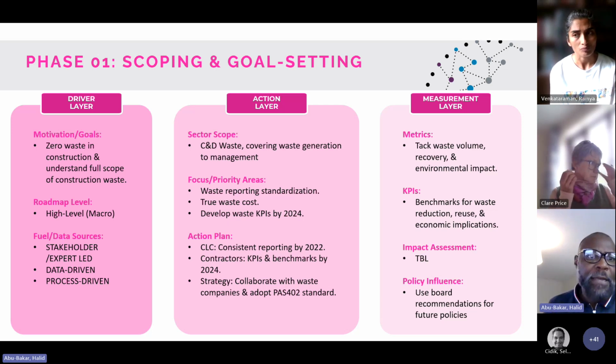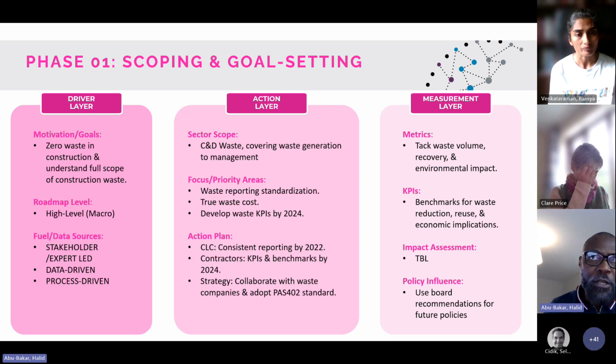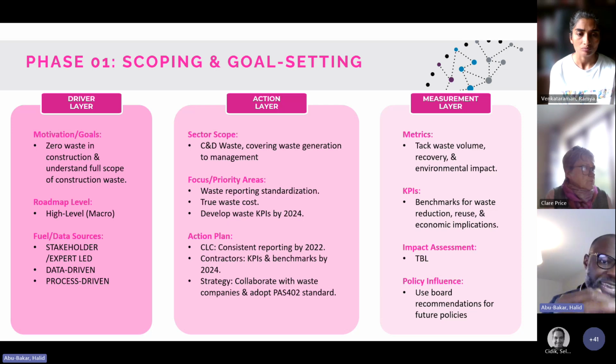The action layer looks into again the FAP principle that I talked about earlier on. So essentially it's all about construction and demolition waste. The focus areas are the waste reporting and standardization, true waste cost and development of waste KPIs by 2024, and then some very, very key actions as listed.